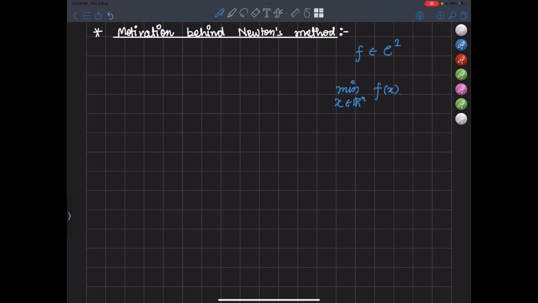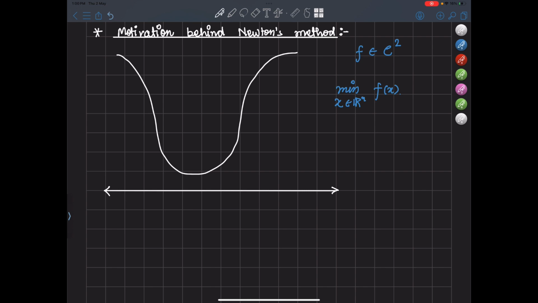Now let us make a graph of this function. It may not be quadratic or anything, it can be a general function. We'll assume that it is bounded below so that its minimum is possible. So let's say this is the function.